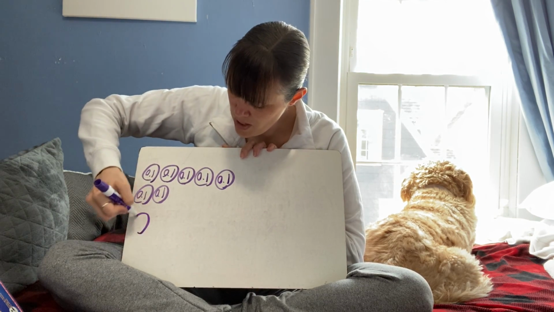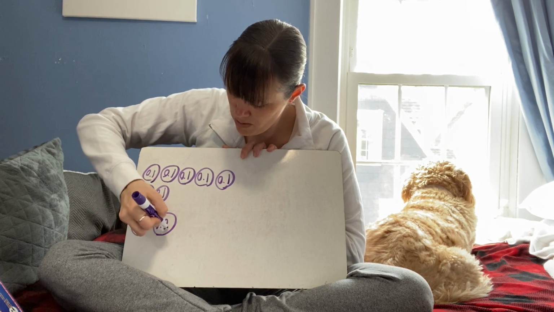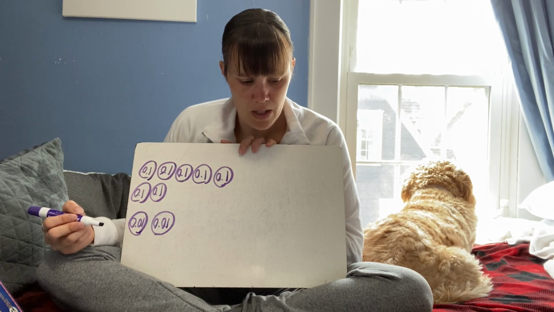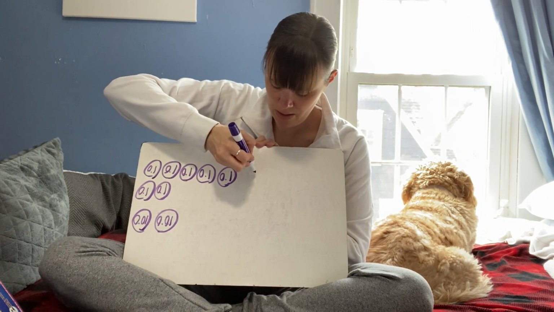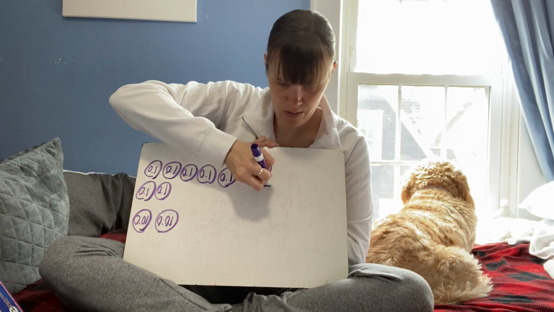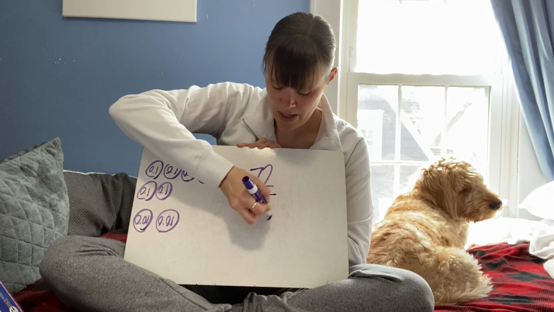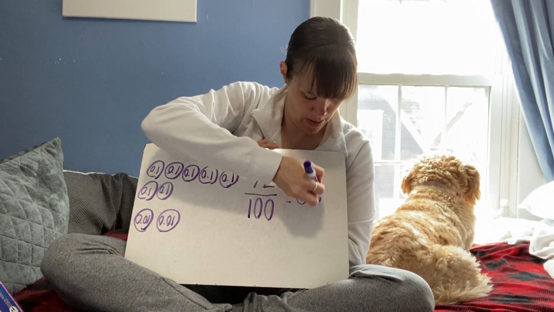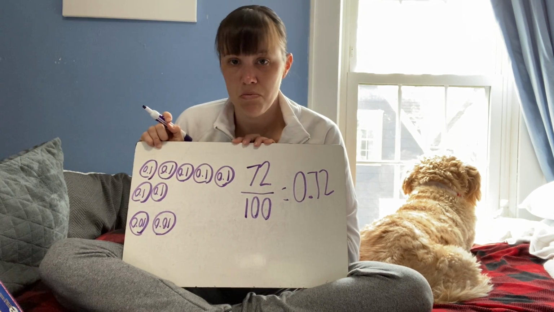And then we need 2 hundredths, 0.01, 0.01. All right, so what is our fraction? Well, 7 tenths and 2 hundredths would be 72 hundredths, right? So our fraction is 72 hundredths, and our decimal would be 0.72. So pretty much the same.